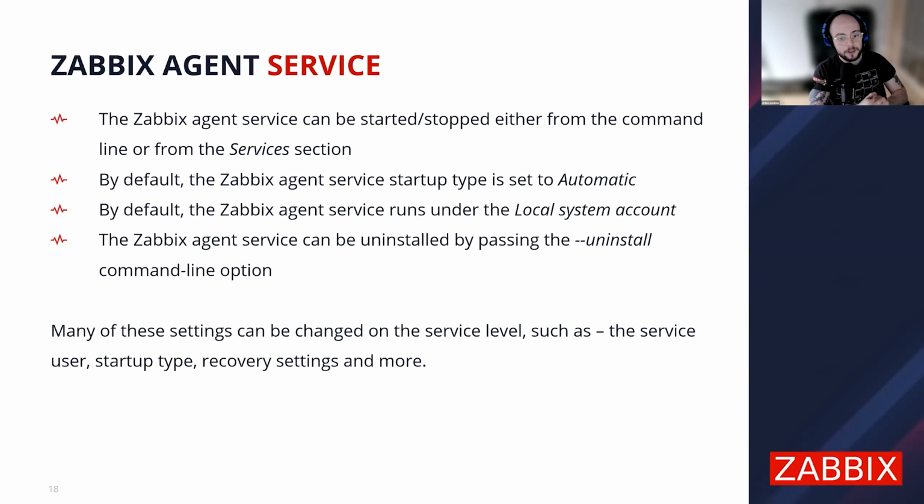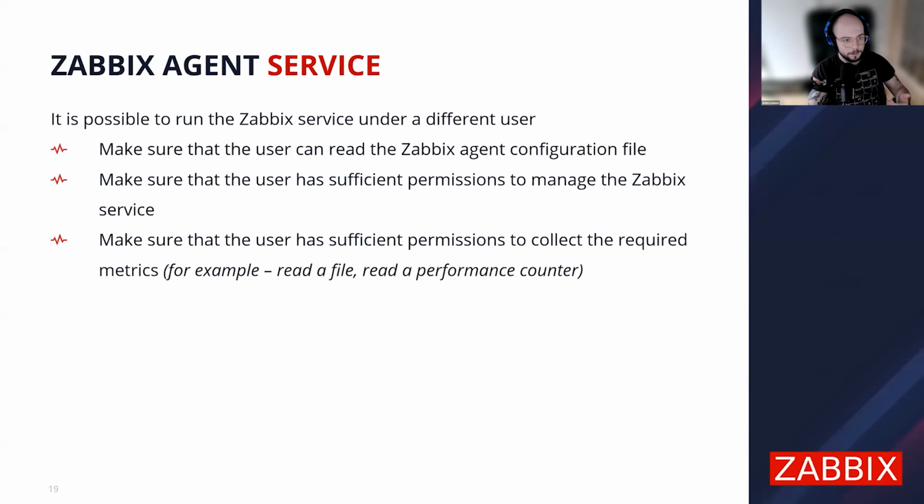And the Zabbix agent service can be uninstalled by passing the uninstall command line option to the binary file, or if you have installed it from the MSI package, you can just go to your programs and settings in Windows, and just click on uninstall there on the Zabbix agent, and it will remove the service. So multiple settings can be changed on the service level, the service user, the startup type, recovery settings, and more. It's a regular Windows service, just as any other.